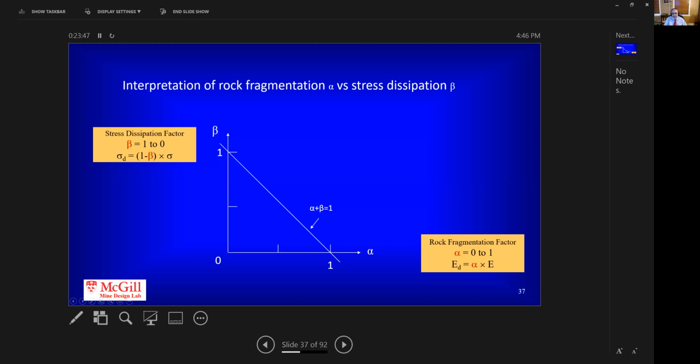The interpretation of alpha and beta is very simple. If you are at this point here, where alpha is equal to 1, it means absolutely no stiffness reduction, and beta is 0, absolutely no stress dissipation. So that means no destressing. On the other hand, if you go to the point at the top, it means 100% stress dissipation and complete destruction of the rock, where alpha is equal to 0.